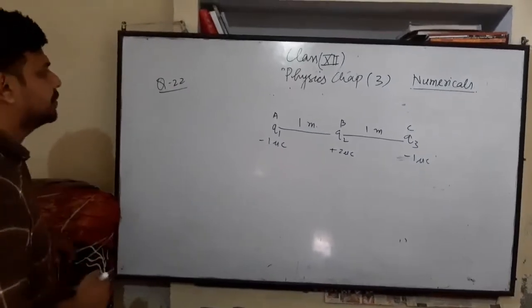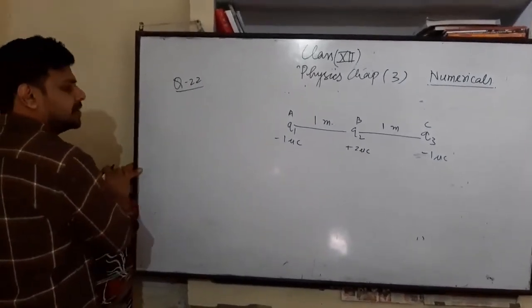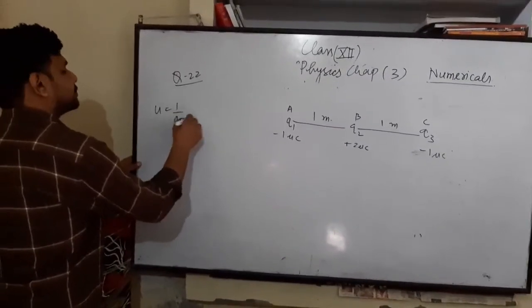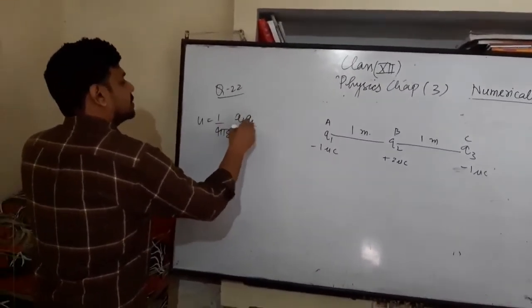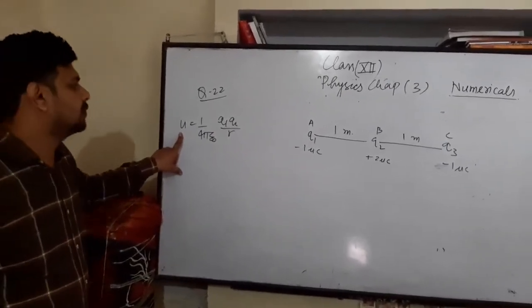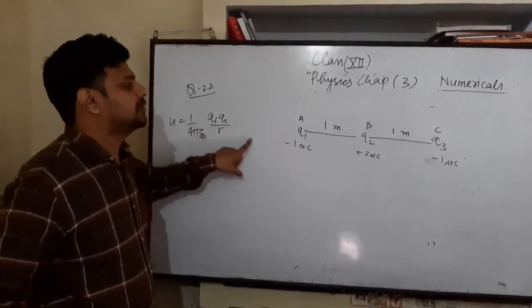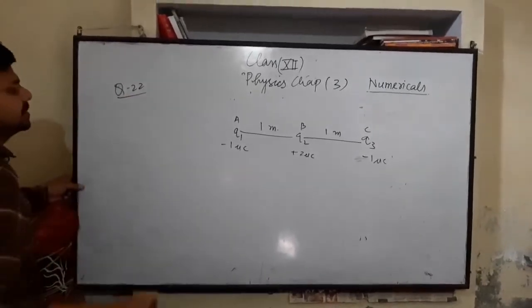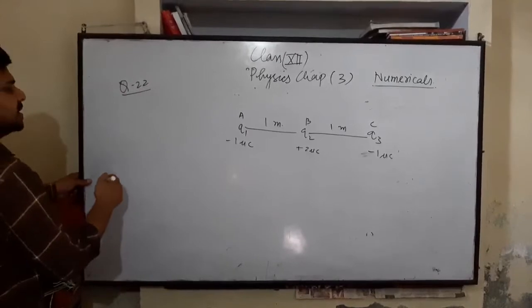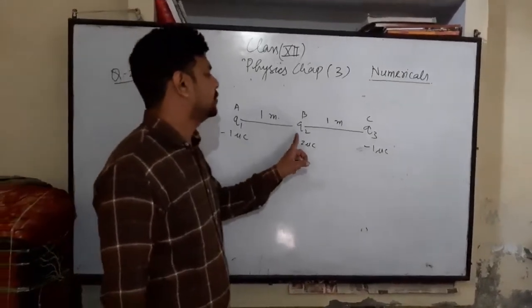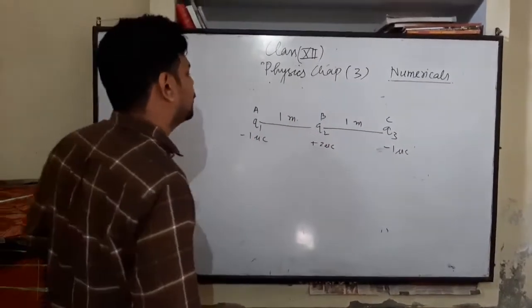I have told you the electric potential energy formula for a two-charge system. If you have more than two charges, then you have to make pairs of charges. Here we have three charges, so the possible pairs are Q1 Q2, Q2 Q3 and Q3 Q1.